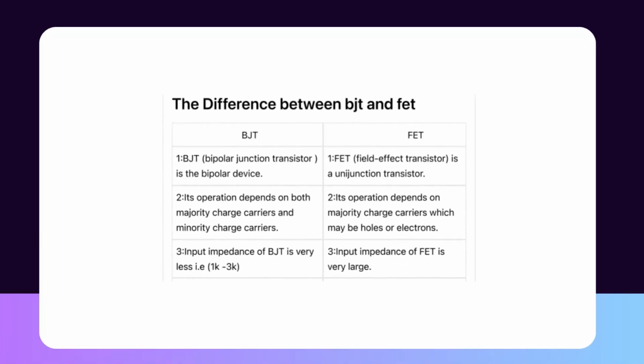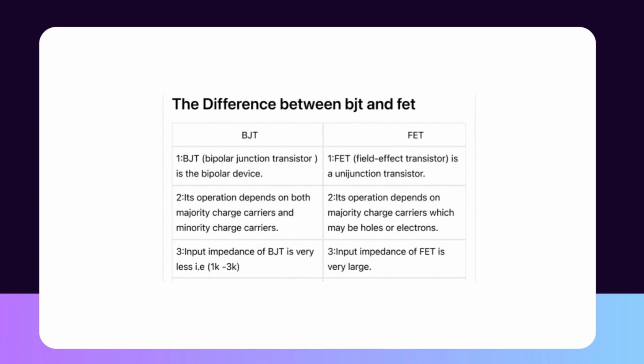Let us discuss the difference between BJT and FET. BJT stands for bipolar junction transistor, while FET stands for field effect transistor. The operation depends on the majority carriers and minority carriers in case of BJT, while in the field effect transistor the operation depends upon the majority carriers only, so either with the holes or with the electrons.